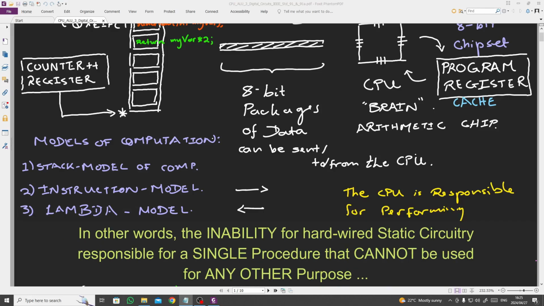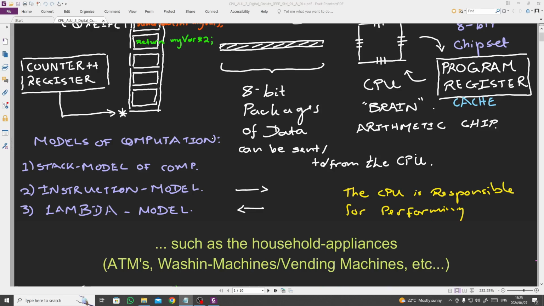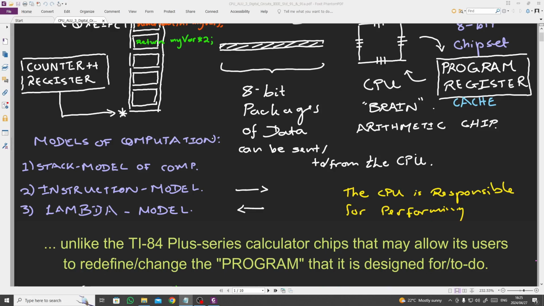In other words, hardwired static circuitry is responsible for a single procedure and cannot be used for any other purpose than that for which the finite-state machine is designed or built in the first place, such as household appliances, unlike the TI-84 Plus series calculator chips that may allow users to redefine or change the program that it is designed to do.